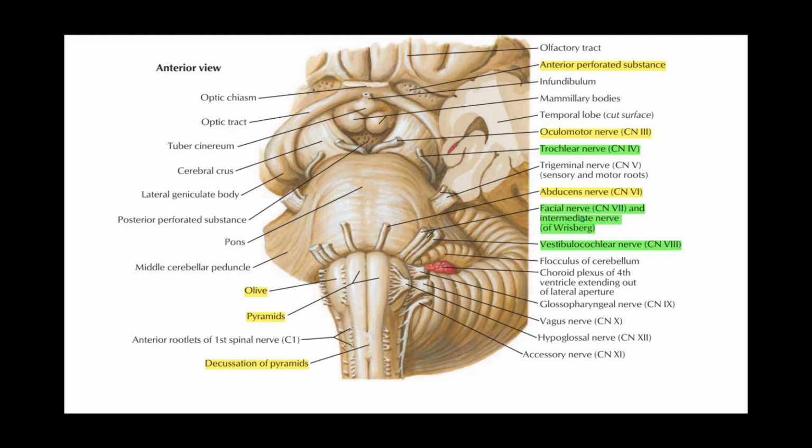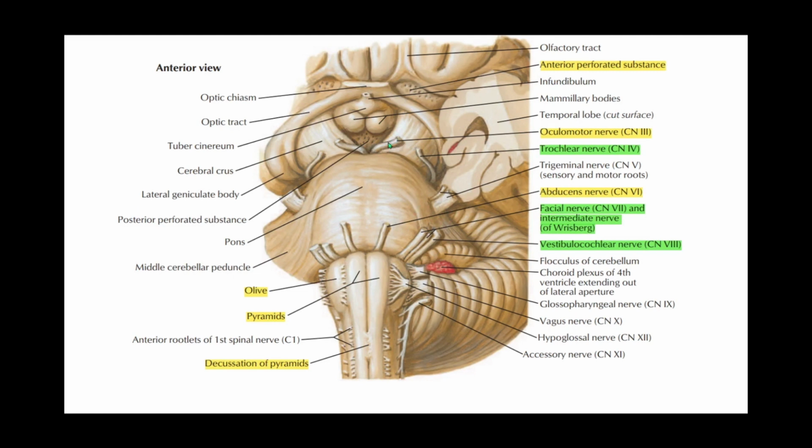The intermediate nerve is a nerve that accompanies the facial and vestibulocochlear nerve. It has a similar course. So 6, 7, and 8 emerge from the pontomedullary junction, the junction between the pons and the medulla. The trigeminal nerve emerges from the substance of the pons.